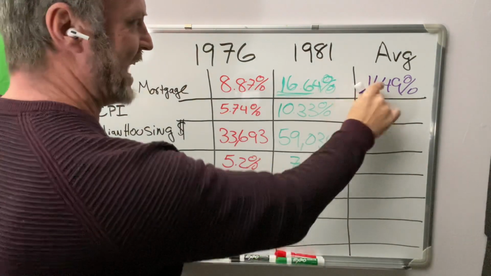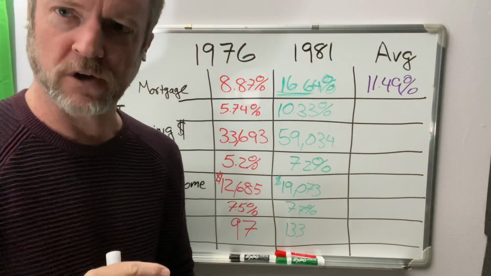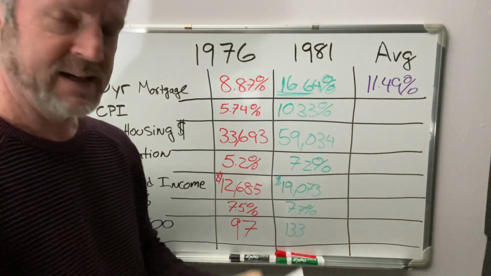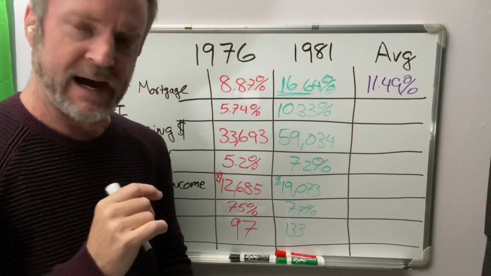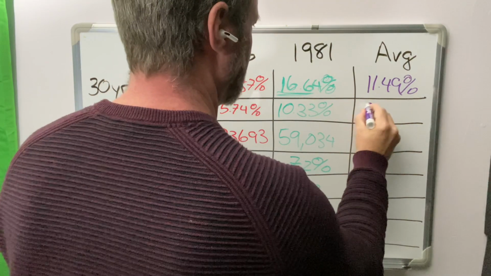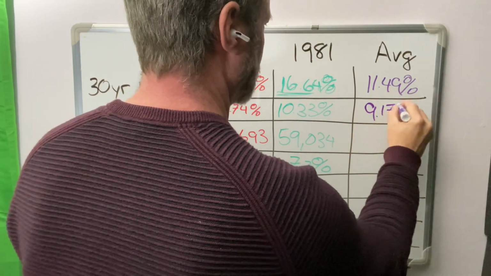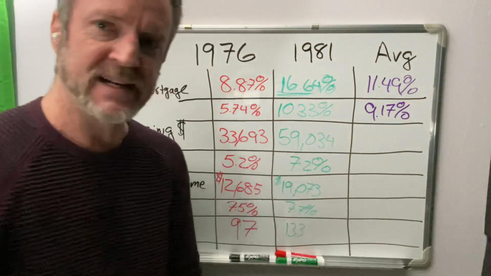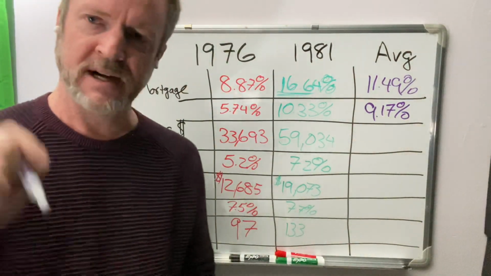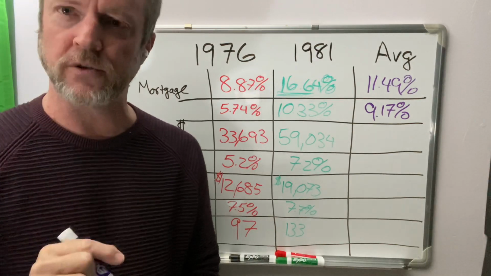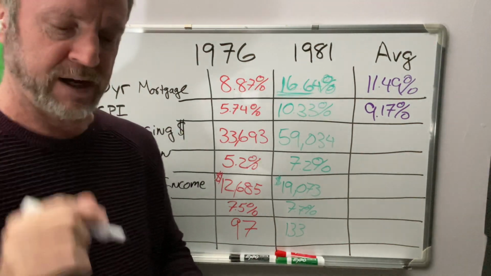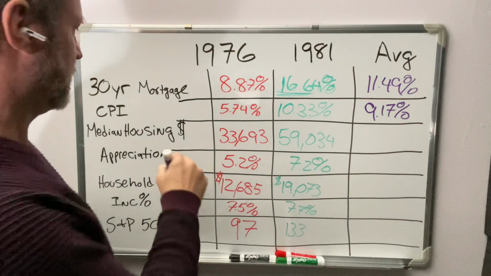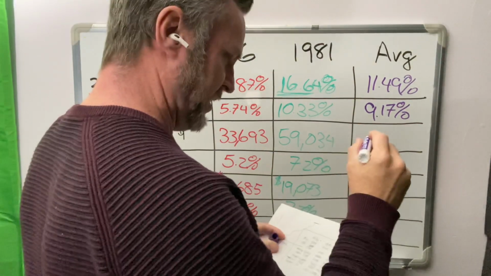If you just take the average, housing is supposed to go down 30%. The average CPI was a crazy 9.17%. The Fed did not do their job, and I'm afraid they are not going to do their job again. So be careful.